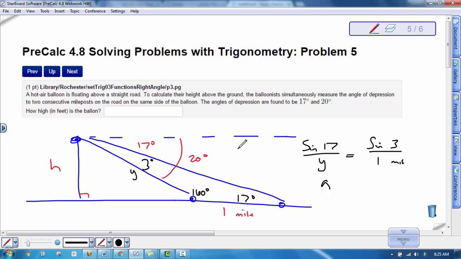And then you can find, this is a right angle. And this is 70, for example, and this is 20, because, once again, alternate interior angles here and here. Or if this is 20, this is a right angle here. So either way, that's 70, that's 20, and you know this side, so you can take either one of these angles. If you use this angle, you do opposite over hypotenuse. If you use this one, you'll do adjacent over hypotenuse to find the height.